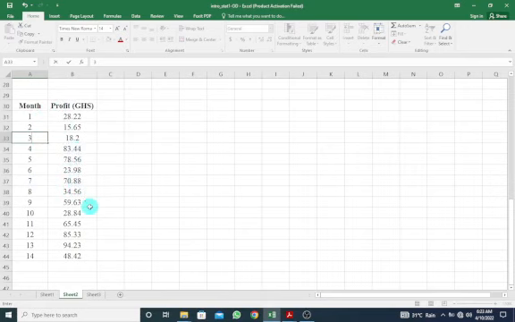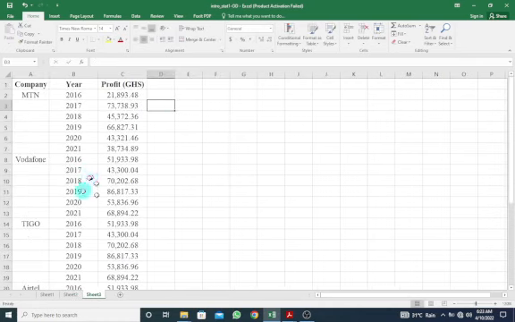Now, when we combine time series data and cross-sectional data, we have another type of data known as panel, longitudinal, or pooled data, right? So let me show you an example here. This is a combination of time series data and cross-sectional data.